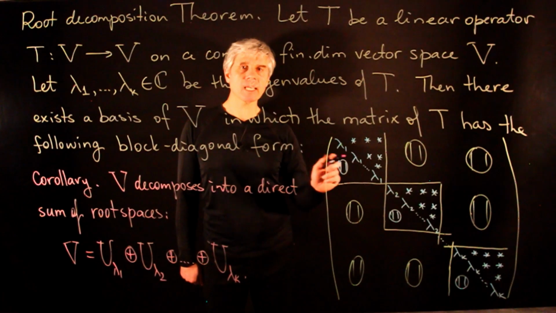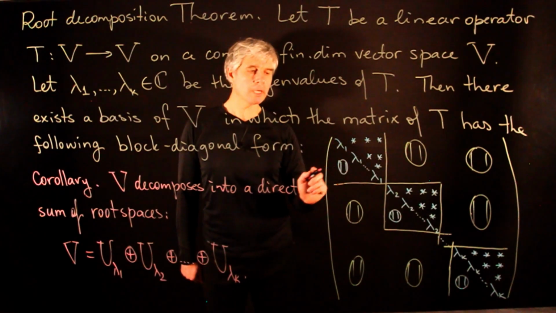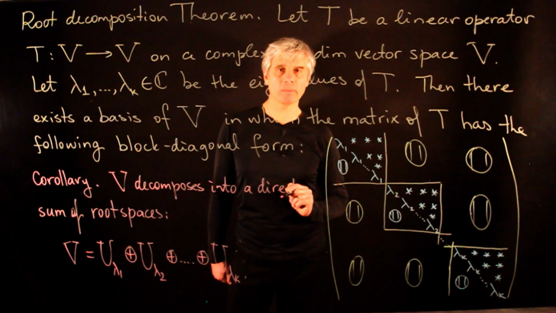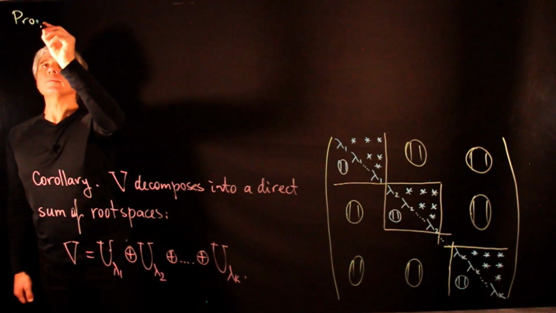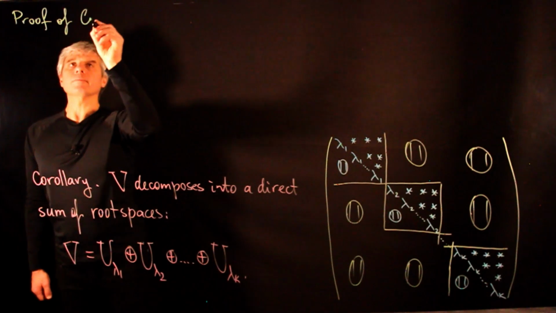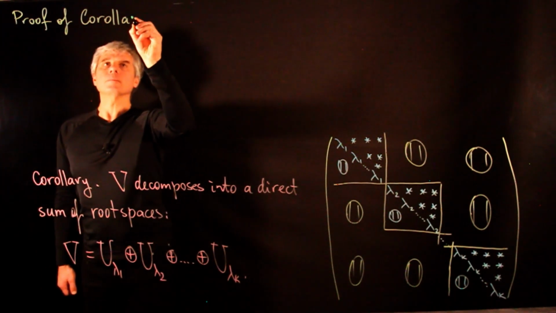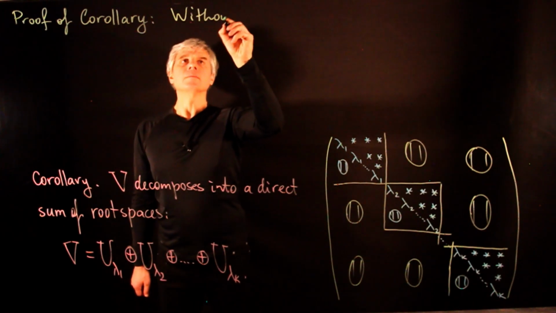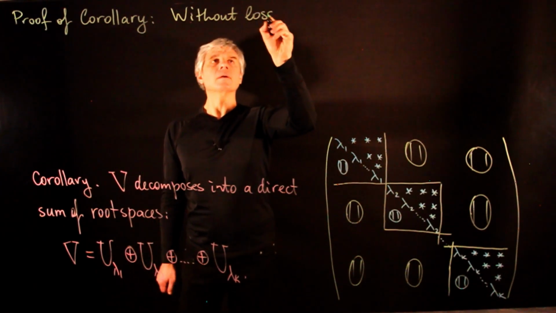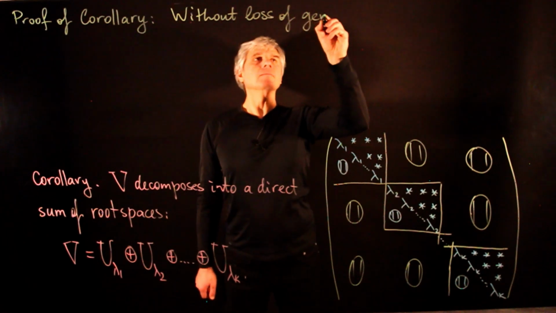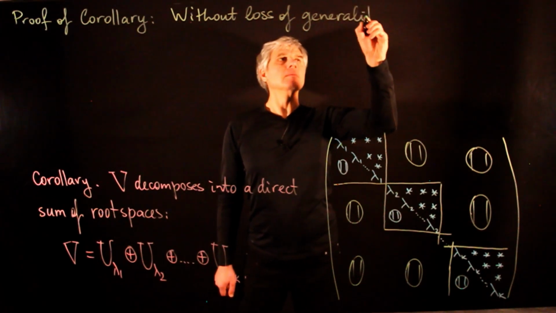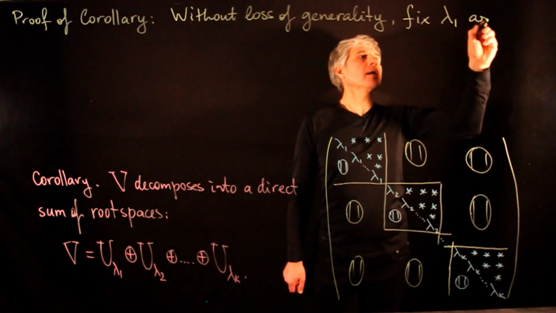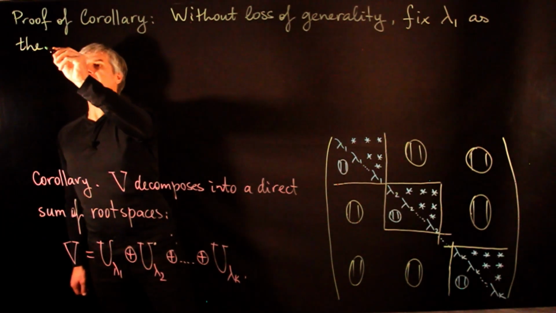Let us show that the subspace that corresponds to each block is exactly the root space for that particular eigenvalue. Let's give the proof of the corollary. Without loss of generality, fix lambda 1 as the eigenvalue.